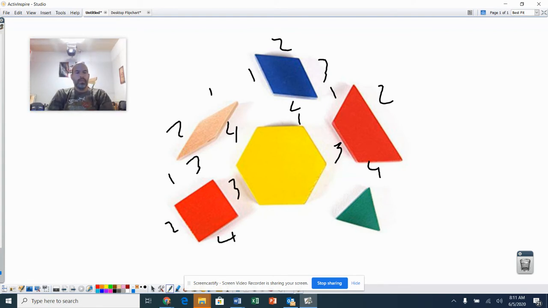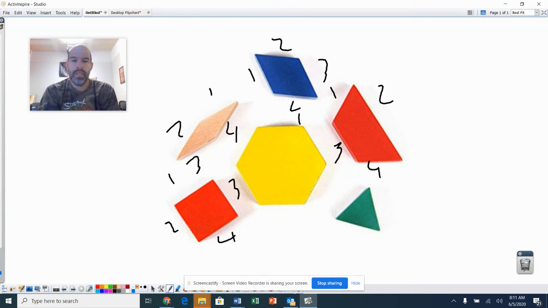Okay, so when we look at these shapes that I've just numbered, you can see that they have four sides, and so those are called what? Quadrilaterals. Okay, quadrilaterals are shapes that have four sides.